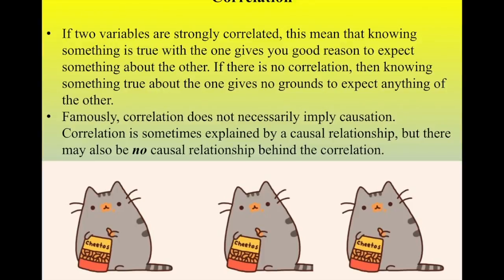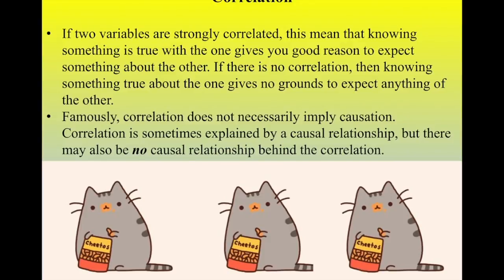People often get confused about the distinction between correlation and causation. Do not get these two confused. It's very important for what we're going to do in Chapter 6 and beyond that you understand very, very clearly that correlation and causation are two separate and distinct ideas.